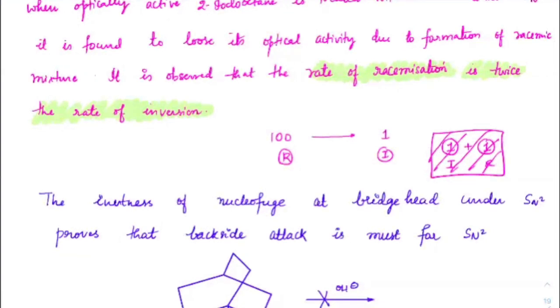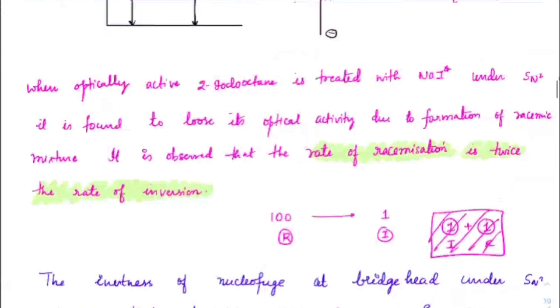So for every inversion, there are twice the number of products undergoing racemization. Even if you do not get into the depth of this idea, just remember that the rate of racemization is always twice the rate of inversion during racemization through SN2.